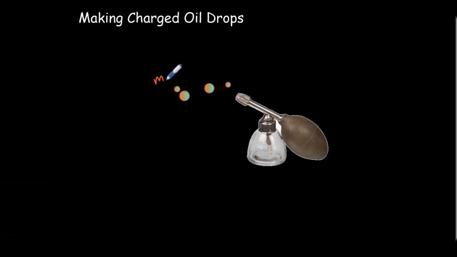Each will have its own mass, and each will have its own charge. The way it gets the charge is because there's some friction along the way, and that friction tends to rip electrons off, either from the oil drops or from the atomizer itself. So each one of the drops has its own mass and its own charge.